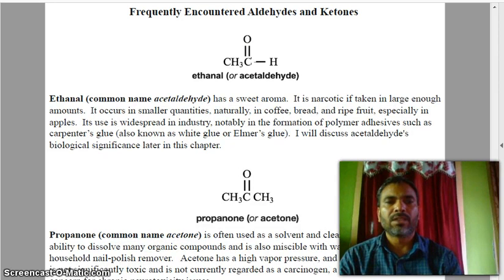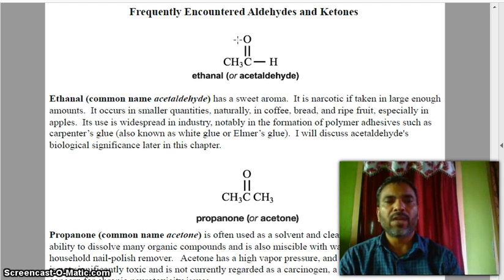Now, another very important compound is ethanal, or acetaldehyde. It has a sweet aroma. It is narcotic if taken in large enough amounts. It occurs in smaller quantities naturally in coffee, bread and ripe fruits, especially in apples.